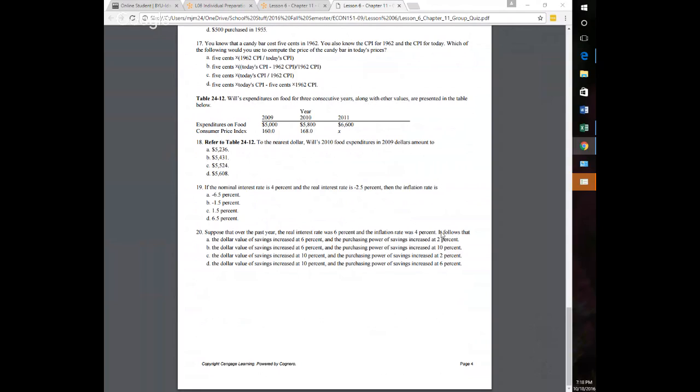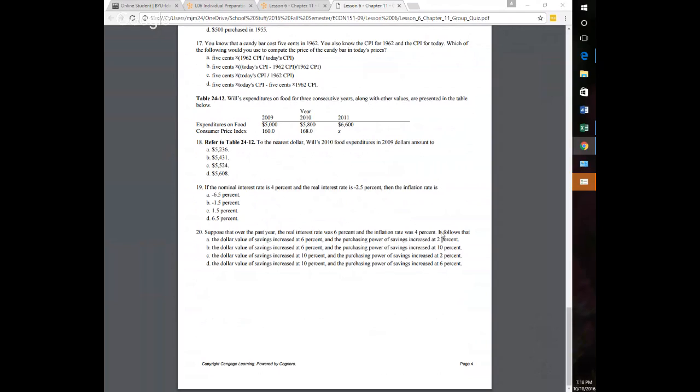Well, I did something wrong then. Let's see, how did I do this? The real rate was 6, and the inflation rate was 4, so 6 equals the nominal minus 4. So then the nominal equals 10%. Right. That's basically what you're looking for there, your nominal.